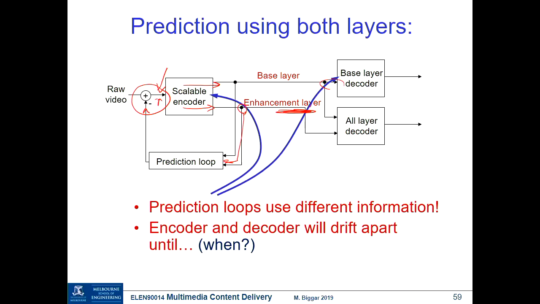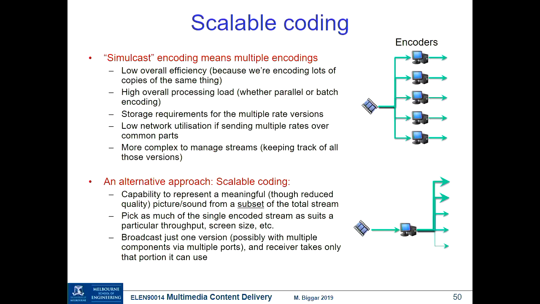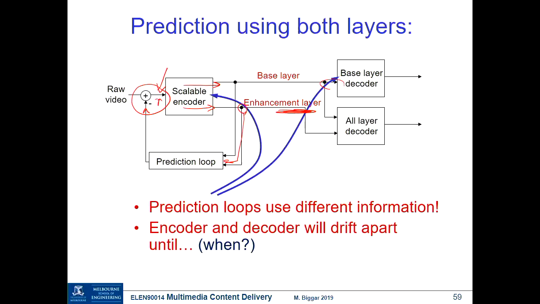But there's just one line here, so just one group of motion vectors. We can just use one set of motion vectors. Yeah, but I'm talking more generally than just motion vectors, which is predicted from these two layers. Okay, that makes sense. Thank you.